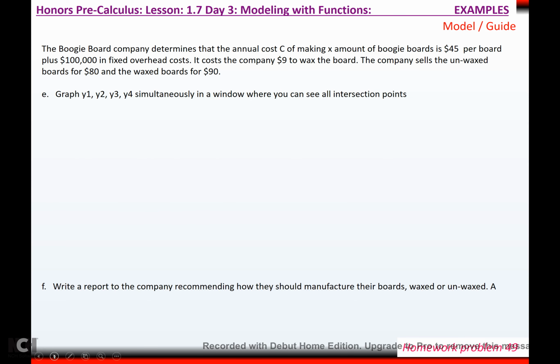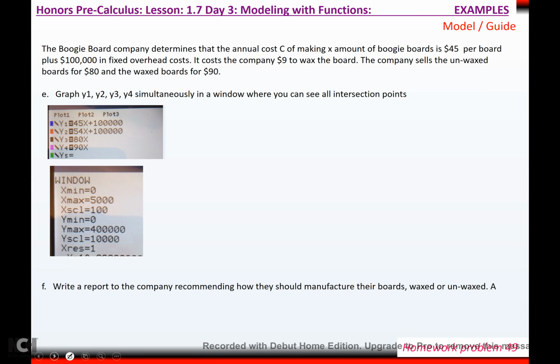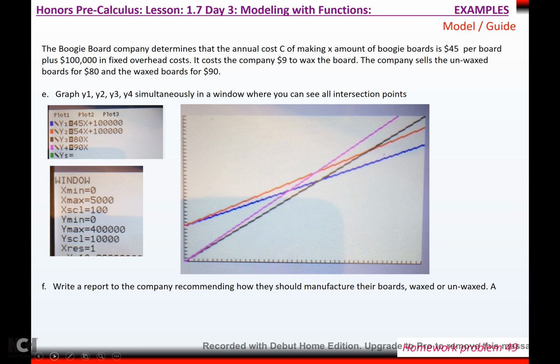Okay. Now it says graph all four simultaneously in a window where you can see all intersection points. So I typed the first, second, third, and fourth equation in, and I did my window as such, and I graphed. Okay.